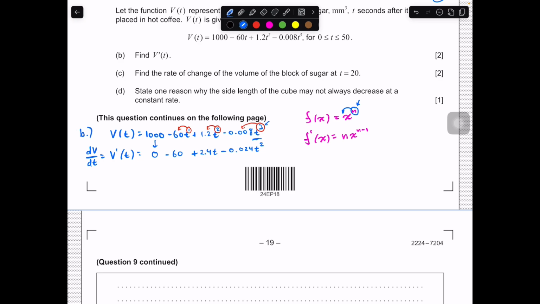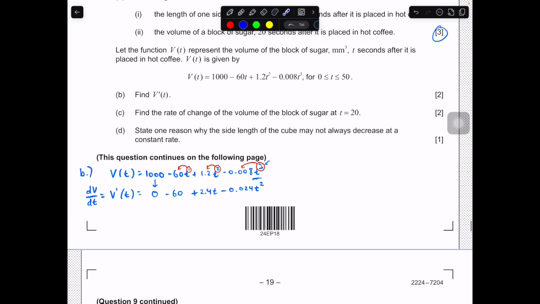And let's continue on here. I'm going to actually clear up some space. I'm going to get rid of this power rule here. So part C asks us to find the rate of change of the volume of the block of sugar at t is equal to 20. So we have this function here, this v of t, which represents the volume of a block of sugar.